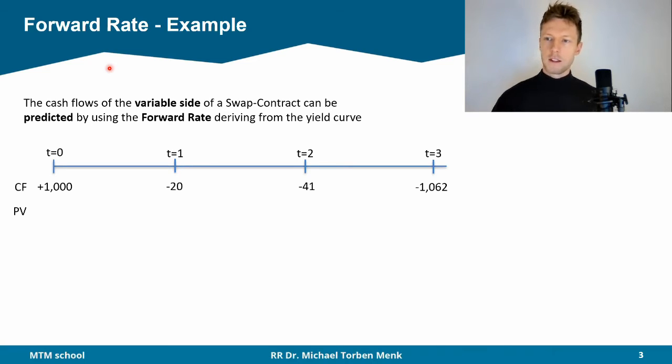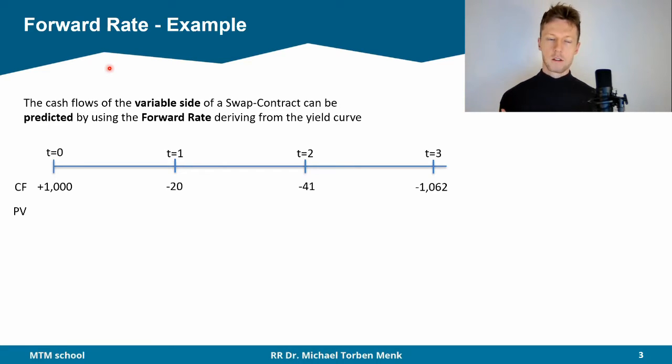And as there is a contract partner paying fixed and receiving variable, and the other is paying variable and receiving fixed, they are all interested in a part of this contract, and a part of this contract is which kind of variable interest payments will be coming, will be actually ongoing in the next years.